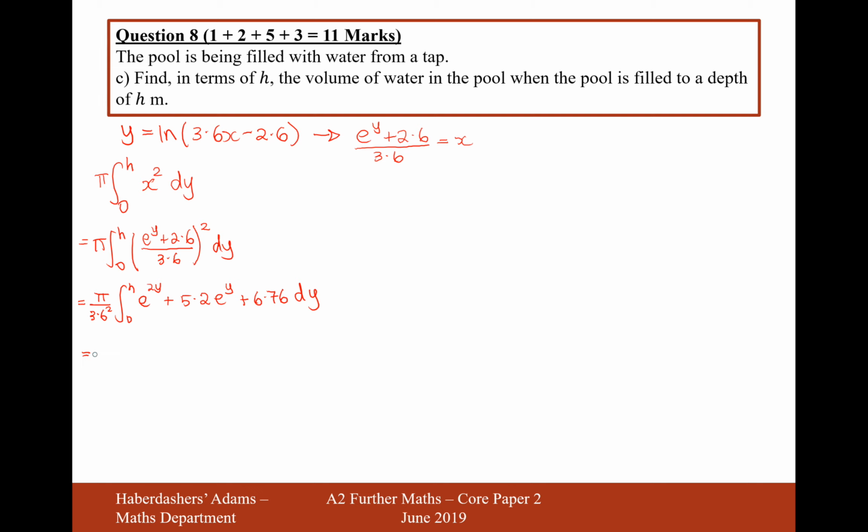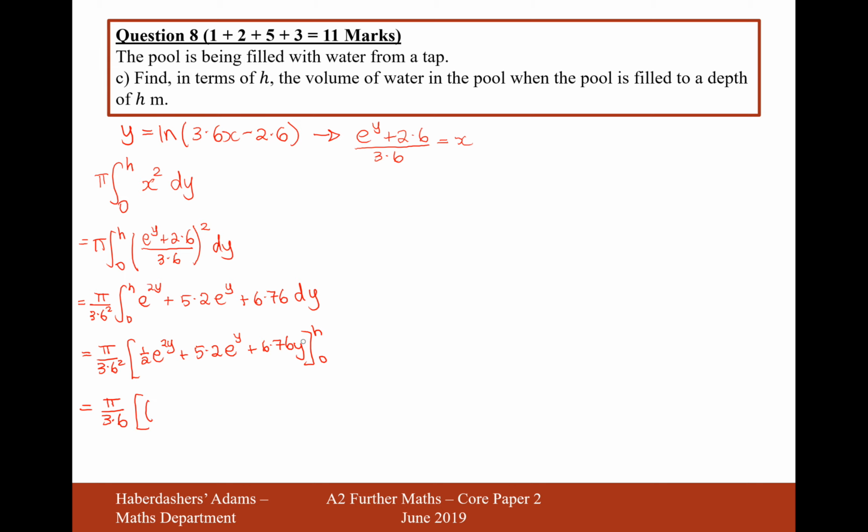Okay, let's now integrate, so it's going to be pi over 3.6 squared, and then integrate, so it's going to be a half e to the 2y plus 5.2 e to the y, and then plus 6.76 y between the boundaries of h and 0. So the next thing to do will be to substitute in h and substitute in 0 and then do the subtraction.